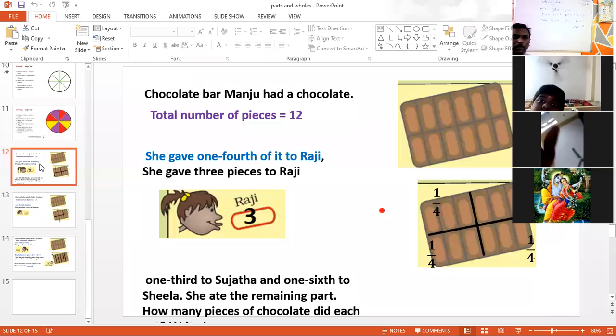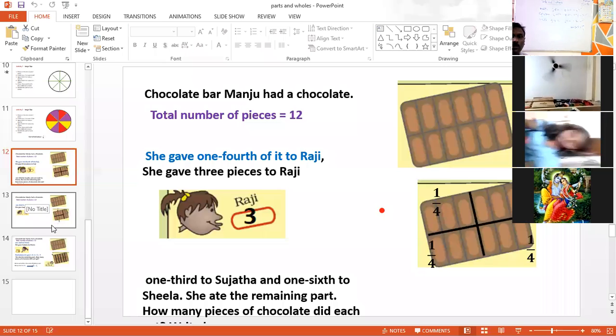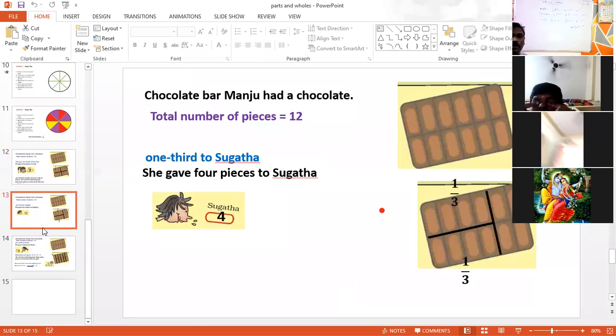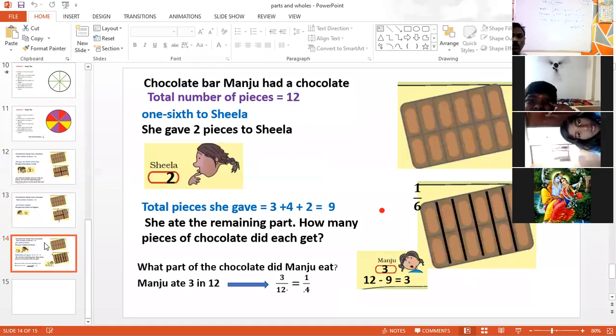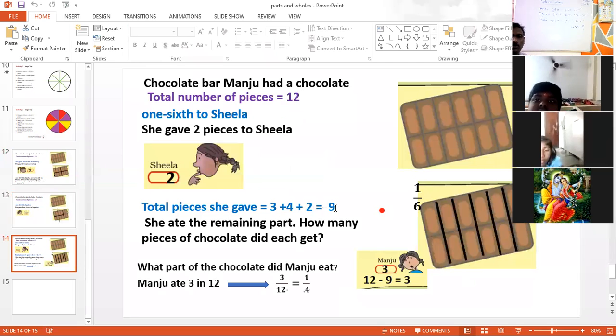There are total 12 pieces. Raji got 1/3. 1/3 means 4 pieces. Sugata got 1/4, which means 3 pieces. And Sheila gets 1/6, which means 2 pieces. So total pieces: 3 plus 4 plus 2 is 9.